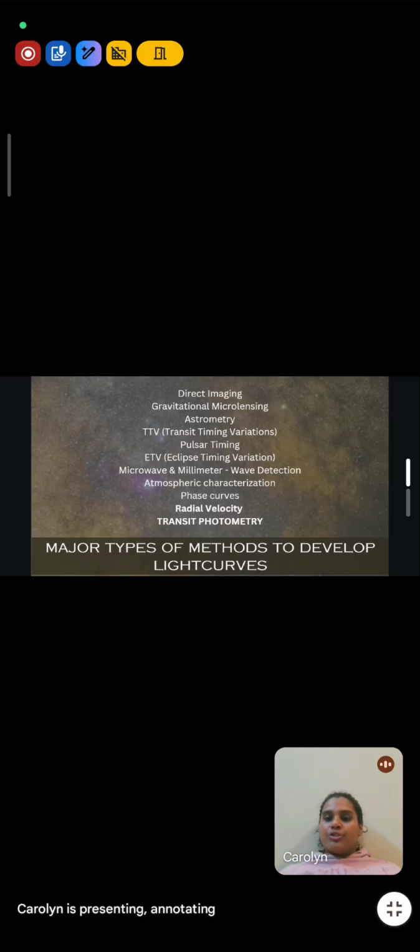So pulsar timing involves observation of pulsar stars, which will give you data that is similar to ECGs of heartbeats. That is very similar to those. So you will be getting some pulsar timing data of pulsar stars.